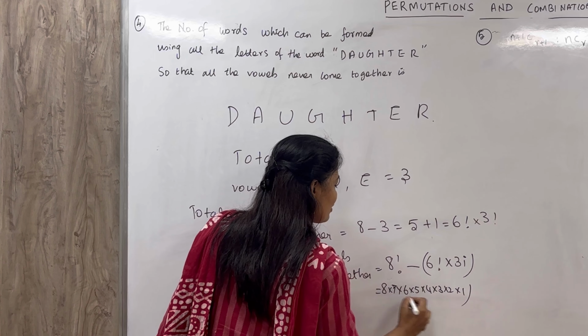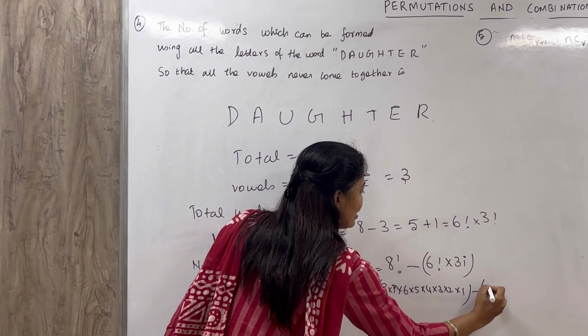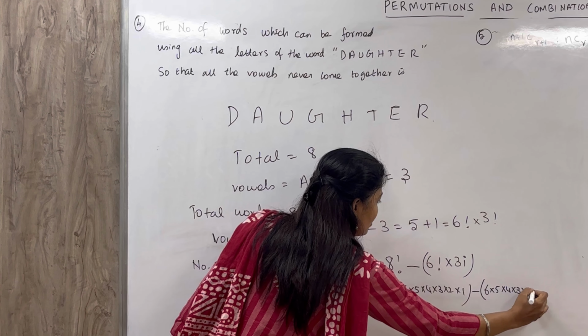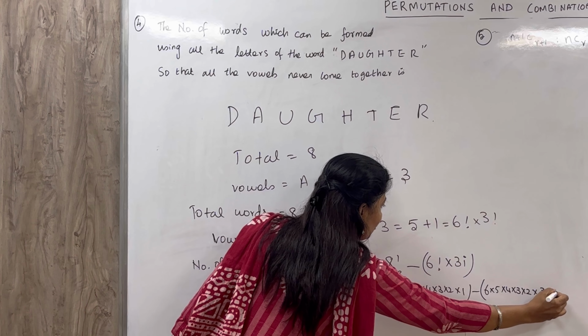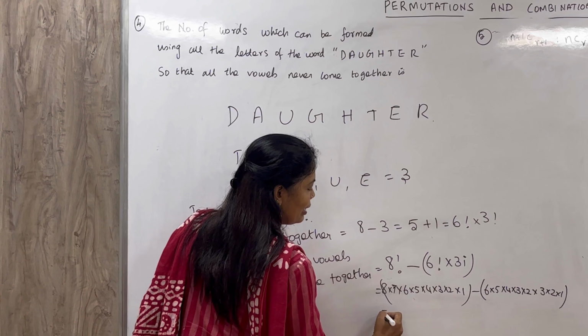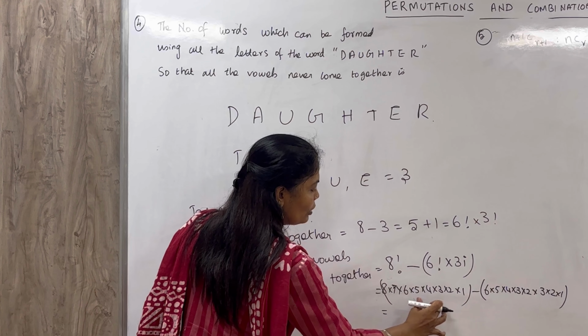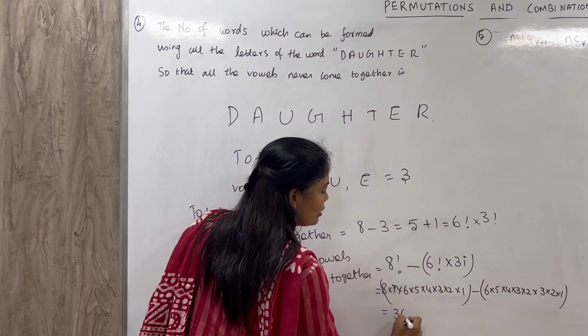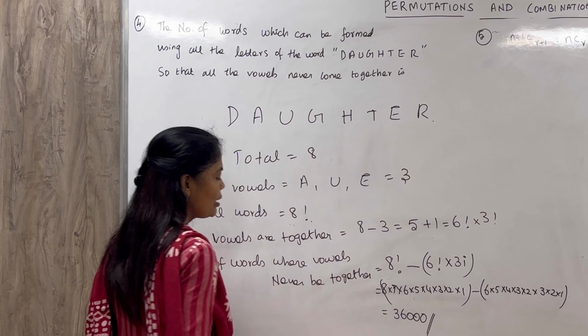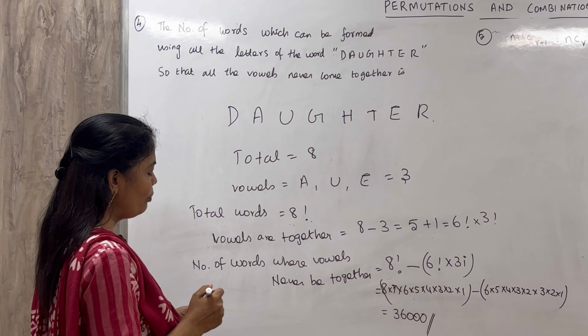And 6 factorial is 6, 5, 4, 3, 2, 1. And 3 factorial is 3 into 2 into 1. Okay, take the common terms from this. I think 6 factorial is common to both. Okay, the answer is 36,000.